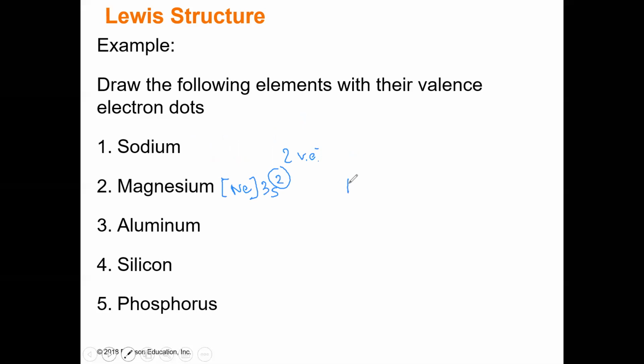So we'll write out the elemental symbol, Mg, and then we'll draw one electron here. And remember, we don't want to pair up this electron until we have to, and so we'll have another electron here. So that is the elemental Lewis structure for magnesium.